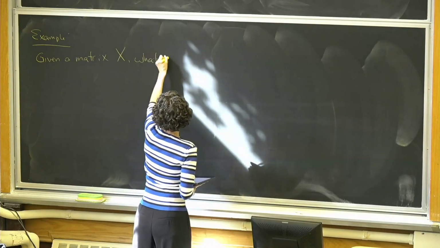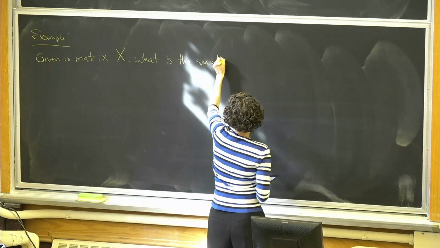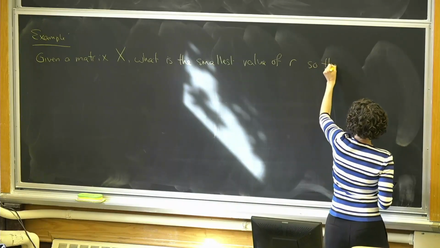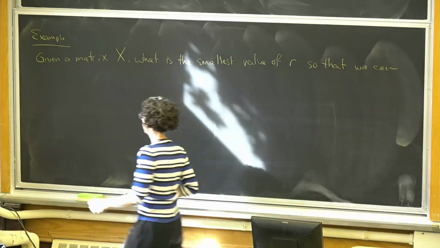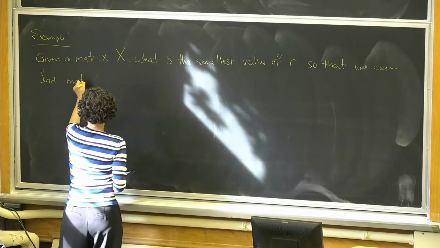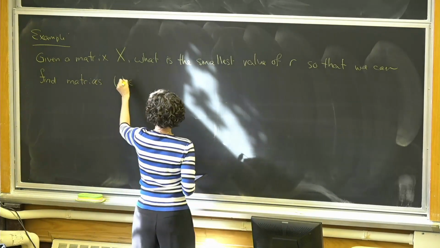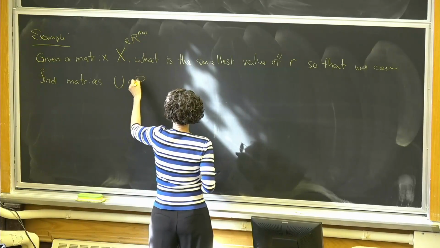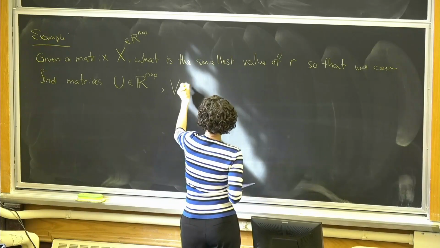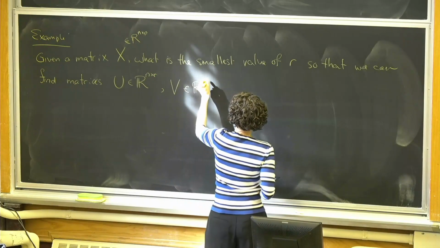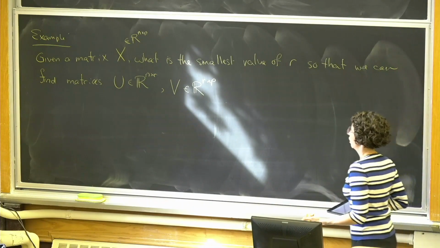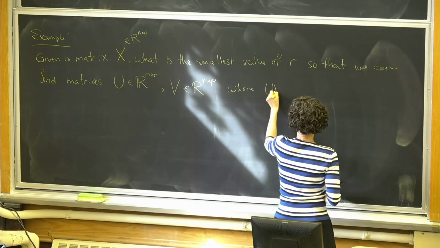Given a matrix X, what is the smallest value of R so that we can find matrices U and V, where X is going to be, as always, N by P, and U is going to be N by R, and V is going to be R by P. So we want to find matrices of this size, where if we compute their product, it equals X.